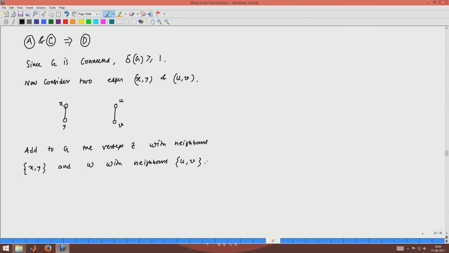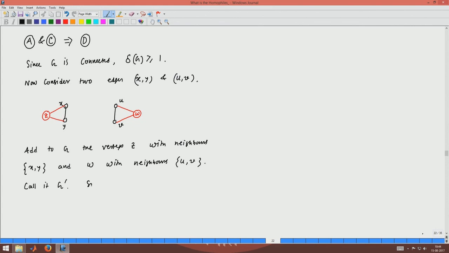What we do is that we add a new vertex z here with neighbors x and y, and we add another new vertex w with neighbors u and v, and call this new graph G prime. It is exactly the expansion lemma.